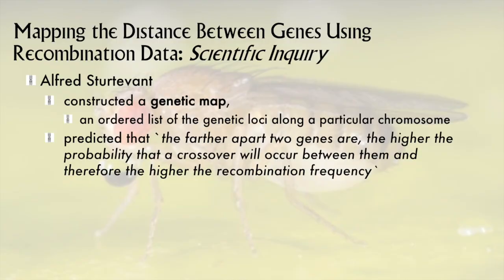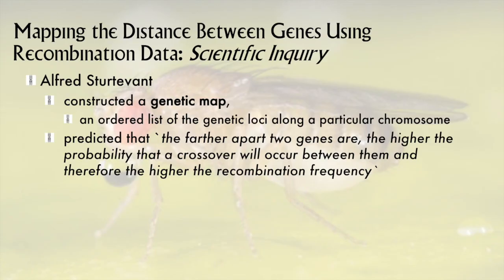So, Morgan demonstrated that genes are found on chromosomes, and then he showed that two genes can be linked on the same chromosome. Introducing Alfred Sturtevant, who was one of T.H. Morgan's graduate students. Sturtevant reasoned that if you can calculate recombination frequencies between two genes, you can figure out the recombination frequencies between 3 genes, 4 genes, or all genes.